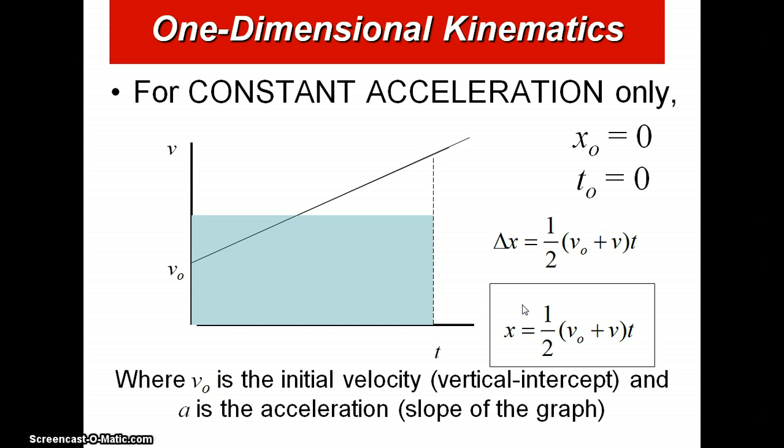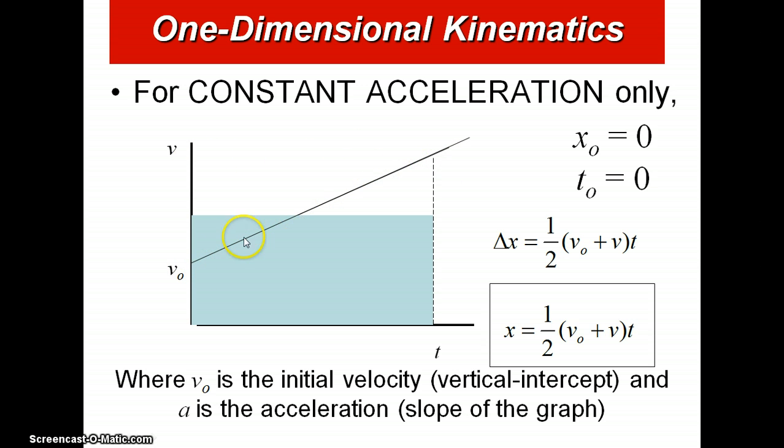I know that for displacement, I need to find the area under the velocity versus time graph, and this area is a trapezoid. I never can remember the equation for the area of a trapezoid, and so instead I'm going to approximate the trapezoidal area by a rectangular area, and I can do that if I make the height of this rectangle equal to the average of this velocity and this velocity.